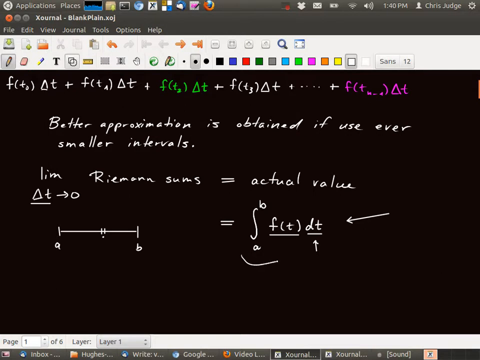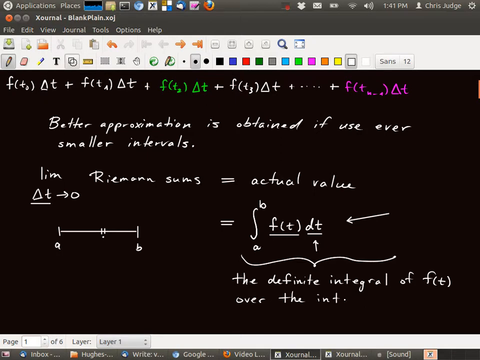Okay, so this is called, in words, the definite integral of the function f of t over the interval a comma b. In other words, or in a shorthand, it's just the integral of f over ab. So integral f over ab.